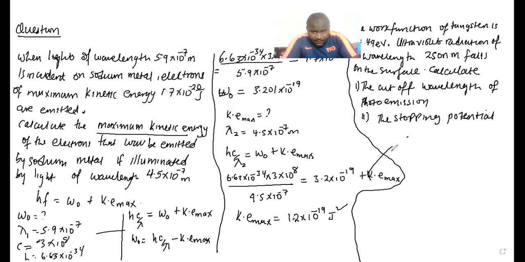Very correct. These ones, the answers are 2.679 times 10 power negative 7 and 0.4825 V.